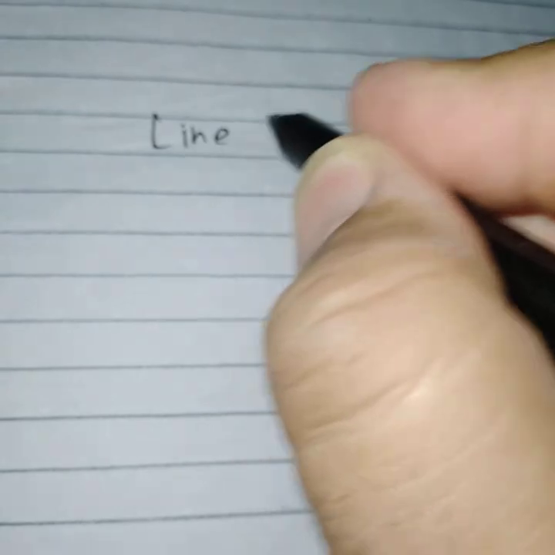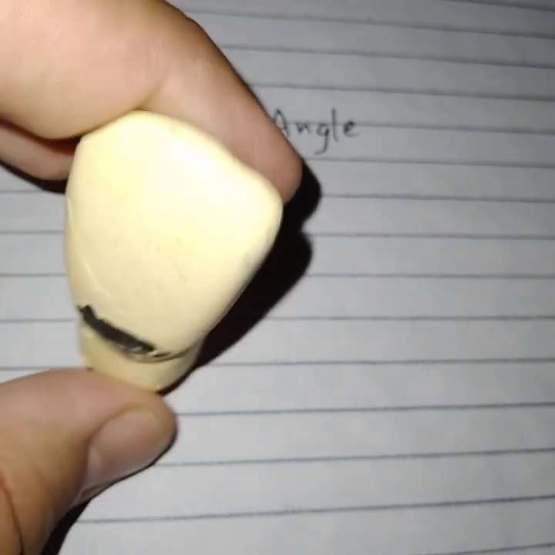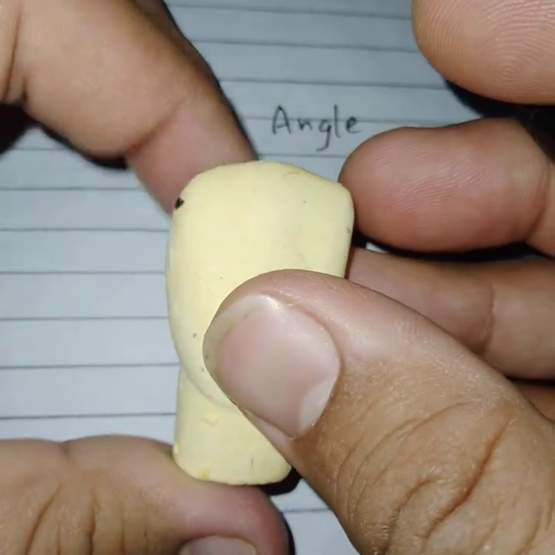Today we will discuss the line angle and the point angles. A line angle is formed by the junction of two crown surfaces. So this is an anterior tooth.